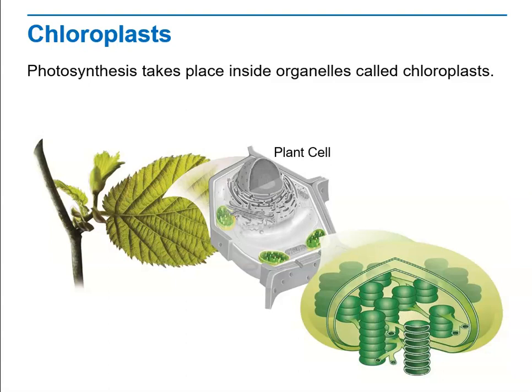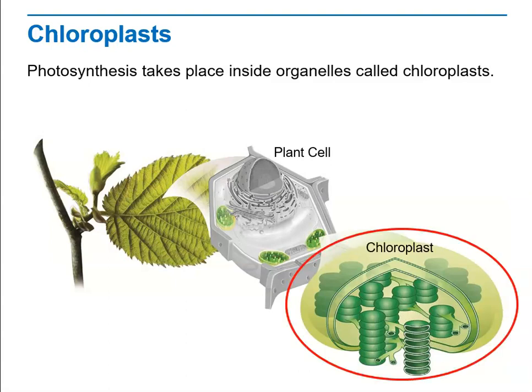In plants and other photosynthetic organisms, other than one-celled organisms like bacteria, photosynthesis takes place inside organelles called chloroplasts. Chloroplasts are the parts of the cell where chlorophyll conducts photosynthesis. What's so special about chlorophyll that makes it important for photosynthesis? Well, because light is a form of energy, any compound that absorbs light is absorbing energy.